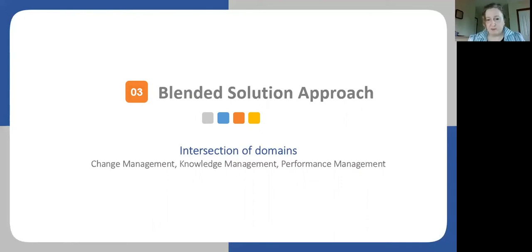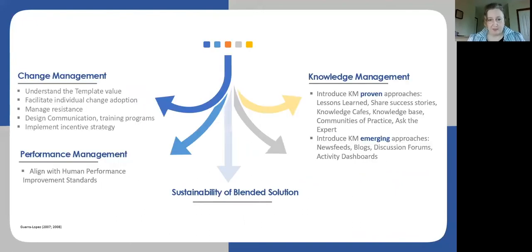So we looked at the intersection of domains, things that we knew we had to change from a people perspective, from a performance perspective for efficiency, and also knowledge management, from knowledge transfer, from how information and knowledge flows, and so on.